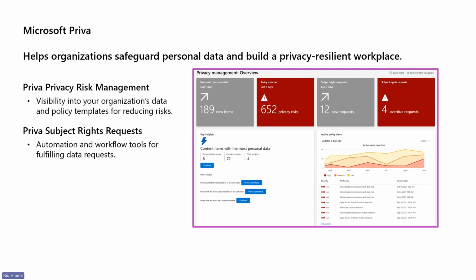And it's broken down into 2 key areas, one being privacy risk management, which provides visibility into your organizational data and provides some policy templates for reducing your data, including where the data lives in regards to data geography. You know, how many DSR requests are you getting from UK, US, Asia, North America, that kind of stuff.